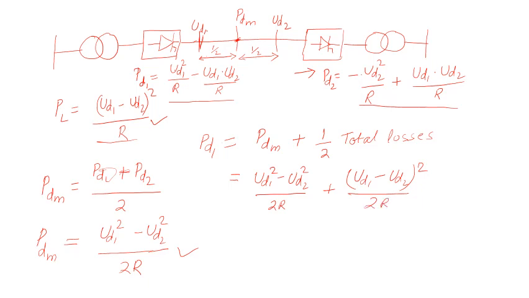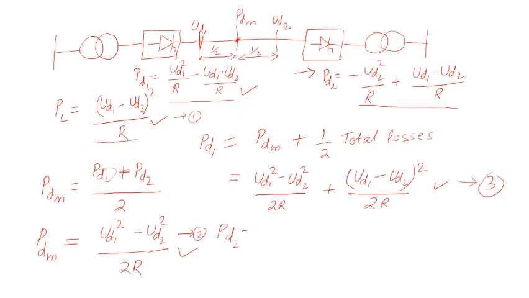If you check this formula and this formula, the difference terms are coming, but in the earlier one the multiplication of the two end voltages was there. If you check these three formulas, 1, 2 and 3, they have equivalent terms. That's the advantage, and that's why I have recalculated it.